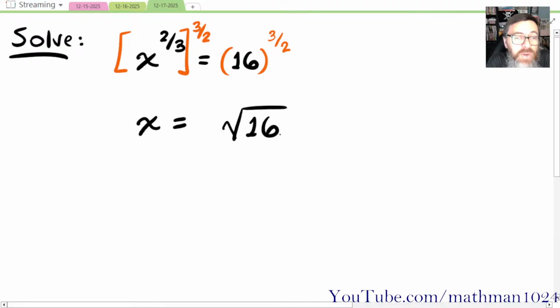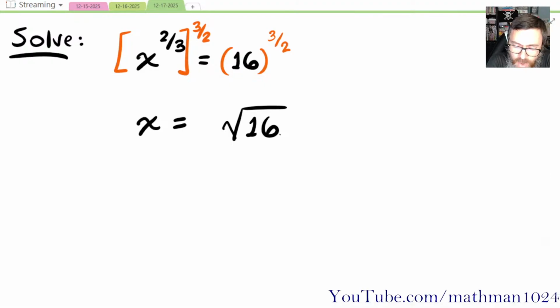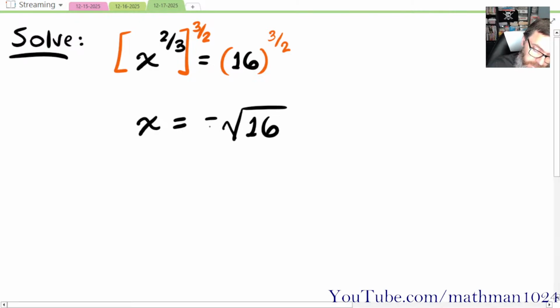And this is where we've got to be very careful. This square root wasn't there before. This square root is something that I introduced to the problem whenever I raised both sides to the 3/2 power. And because I'm the one who introduced it, I have to put in a plus or minus. And then this is going to be raised to the 3rd power.